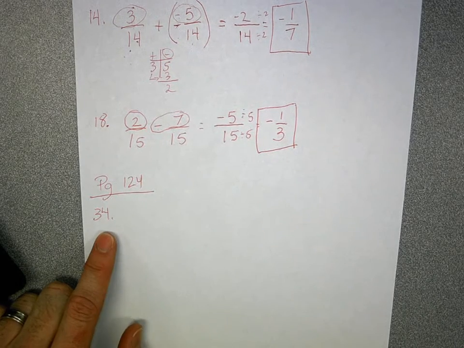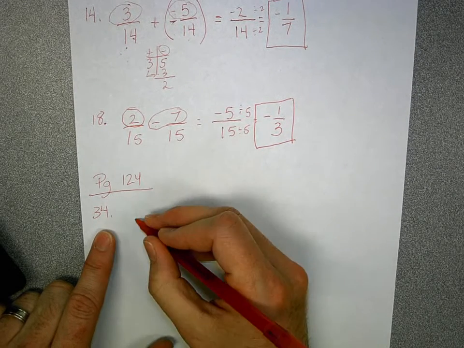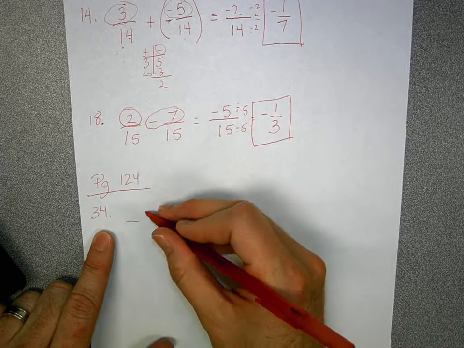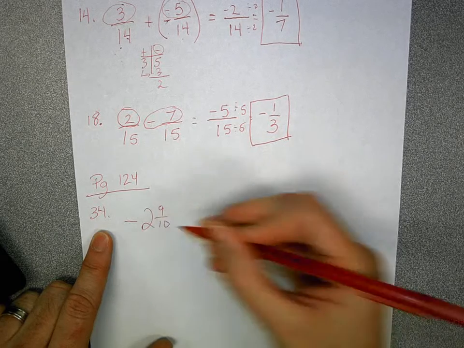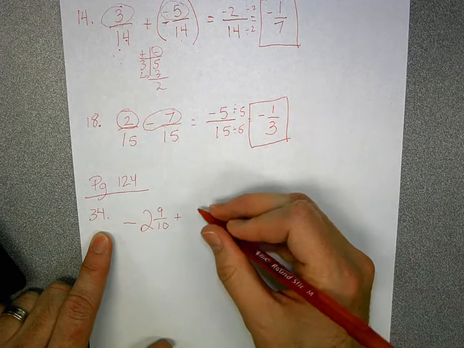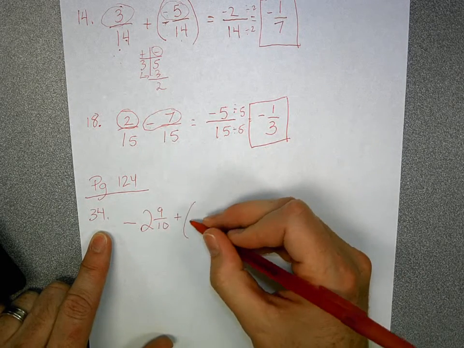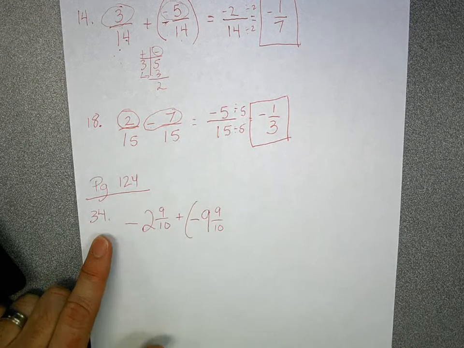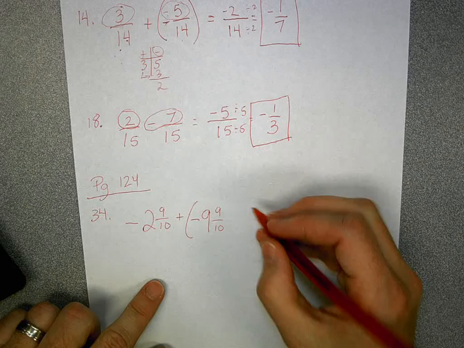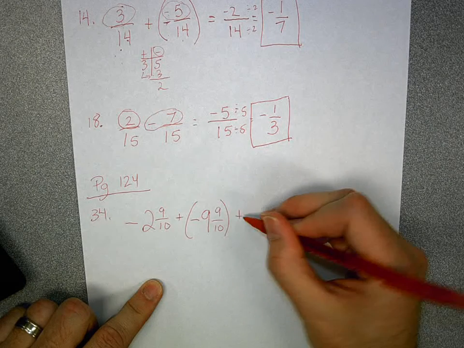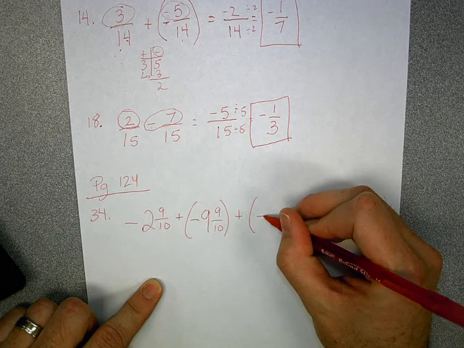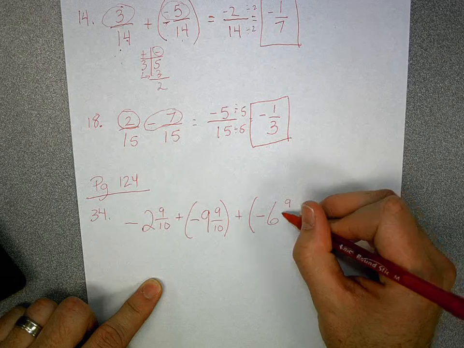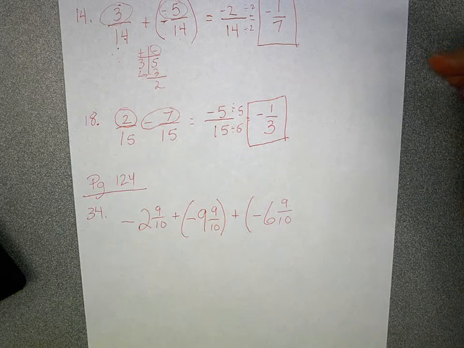That's not a word problem, that is. So number 34 is negative 2 9/10 plus, and then we have another negative 9 9/10 plus, and then negative 6 9/10.